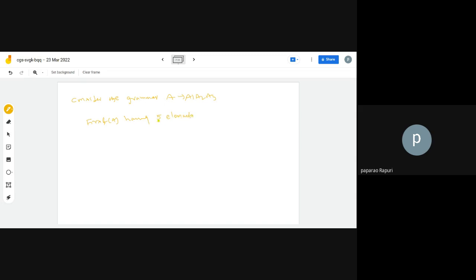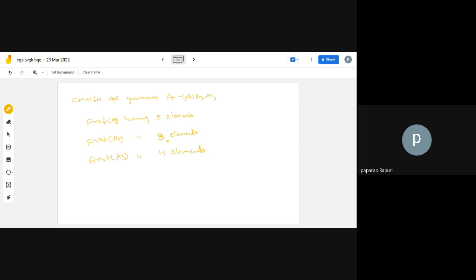Sorry, first of A1 has 5 elements, first of A2 has 3 elements, and first of A3 has 4 elements.